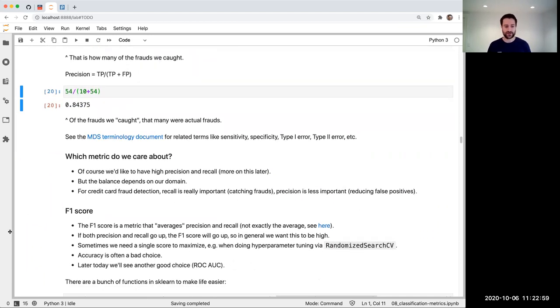Okay, so often we need a single score. Precision and recall are two scores, but often we just need to reduce everything down to a single number. For example, if we're doing hyperparameter optimization, or if we want to rank different models, we need a single number. So F1 score is one possible alternative. That's a single number average of precision and recall. You can see the exact math in the Wikipedia article, but it's kind of like the multiplicative average of precision and recall.